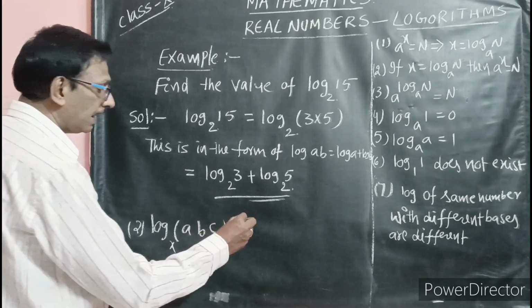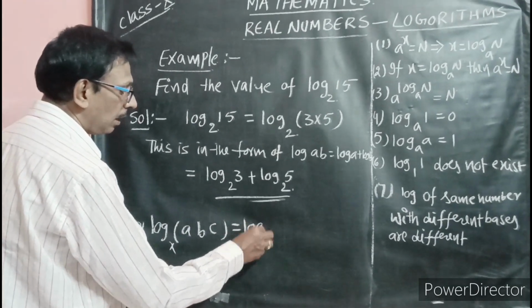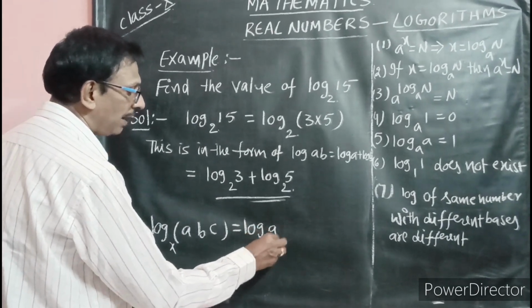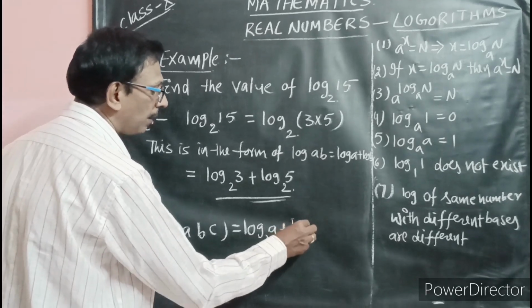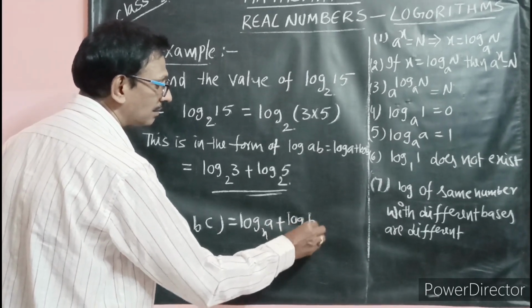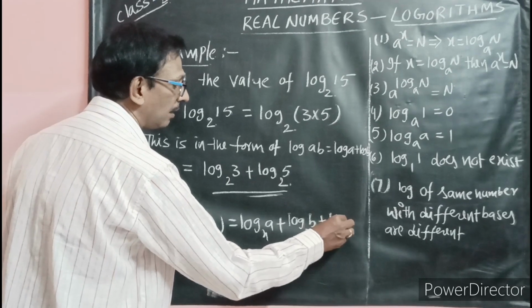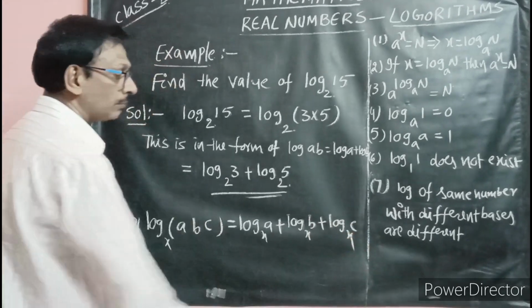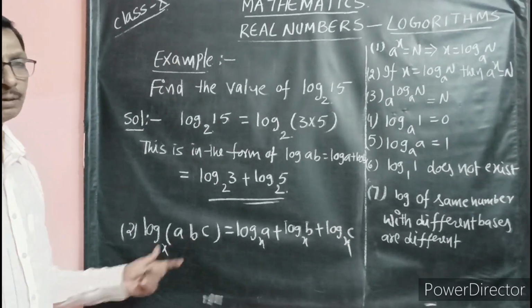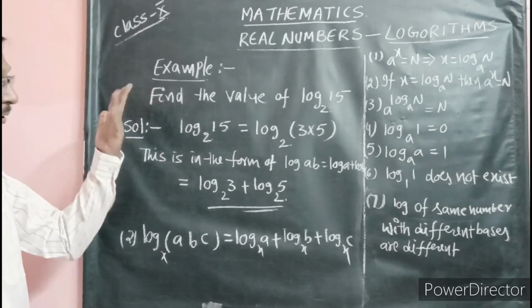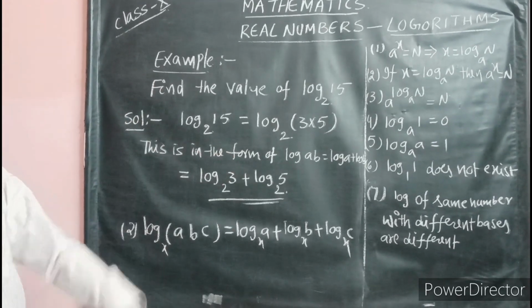Three terms are there. Now we get log a to the base x plus log b to the base x plus log c to the base x. So log abc to the base x, by using the above law, we can expand like this.